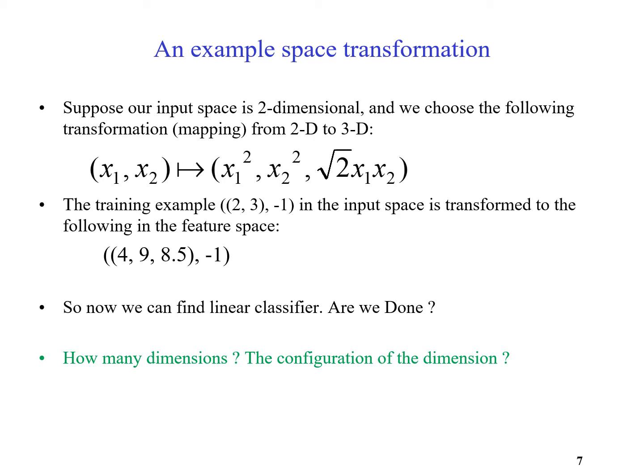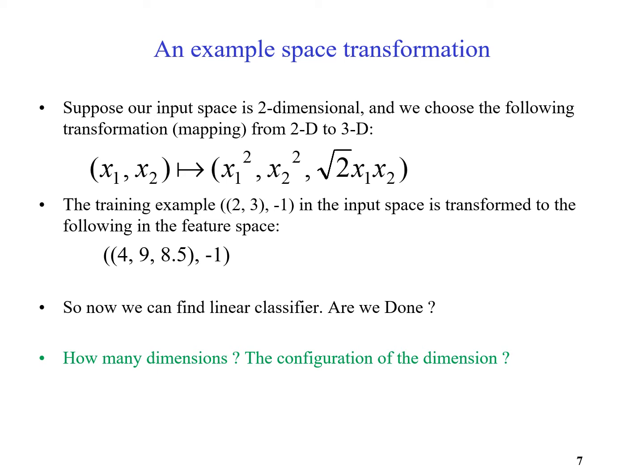Second problem is, suppose we picked a particular dimension, for whatever reason. We selected one particular dimension, and then in that dimension, what is the configuration of the variables? In that dimension, we have a lot of combinations of variables.